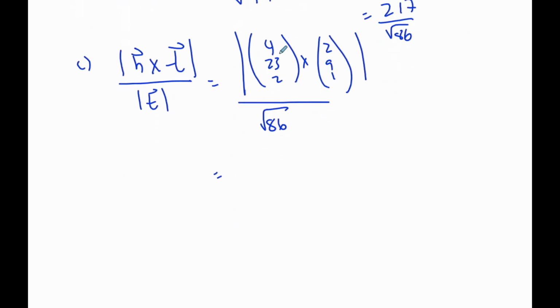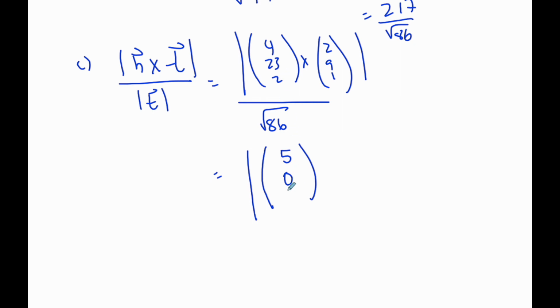Finding the cross product, for the first component, I hide the first numbers and I go 23 times 1, subtract 2 times 9. So 23 minus 18 is 5. And if I want the y category, I hide the y's, and as opposed to going 4 times 1, I do it opposite, so it's going to be 2 times 2, subtract 4 times 1, well, that's 4 subtract 4 is 0.